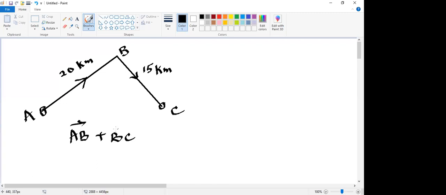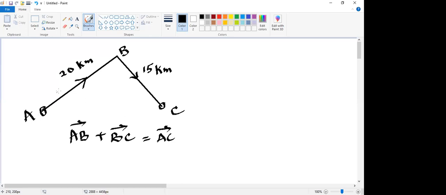Together, these two are supposed to give me the vector AC. So those are equivalent vectors. Our interest in this vector is that the starting point was A and the end point is C.